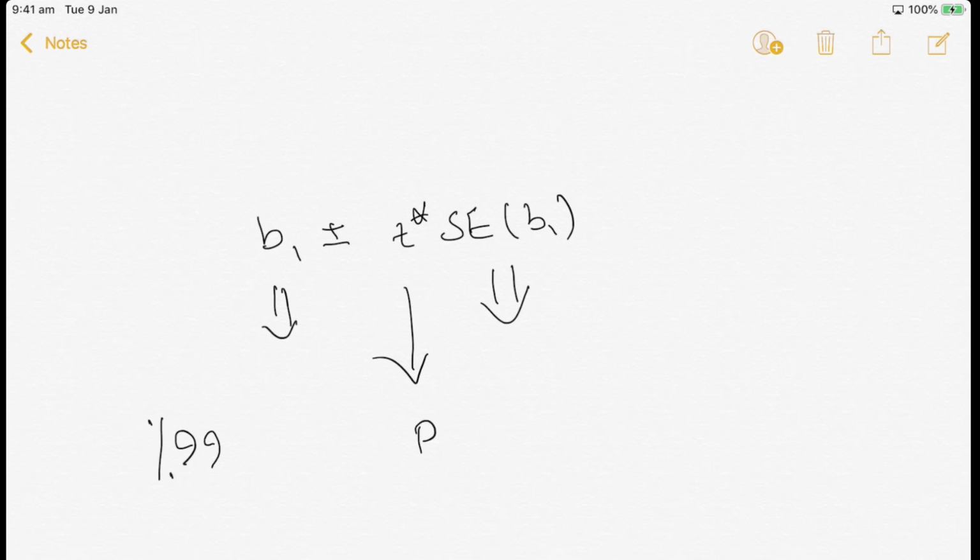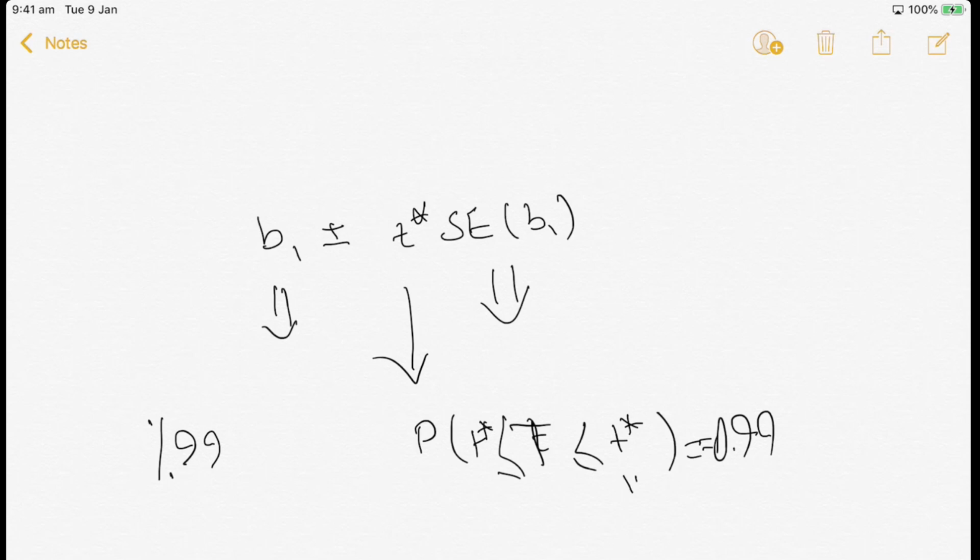That means the probability of T between minus T star and T star is equal to 99%, or 0.99. You need to figure out what the T star value is. So you figure out this T star value is 2.81. We will give you a few options that you need to choose from in the exam, right?